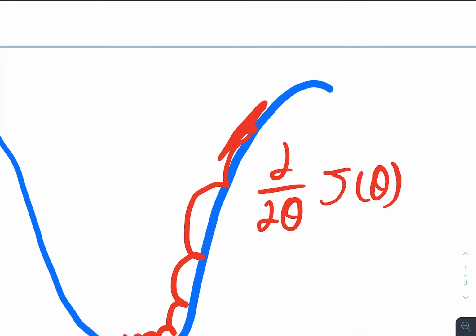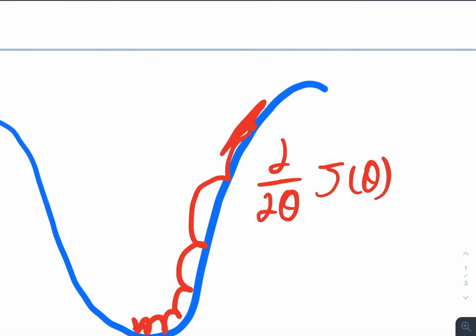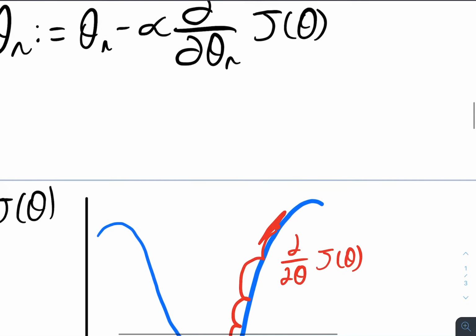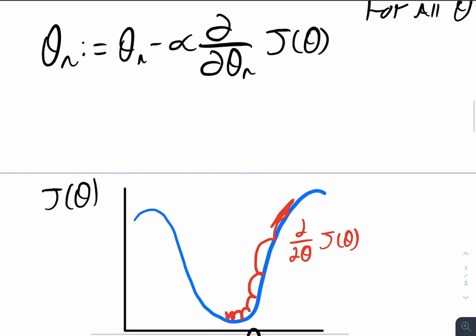So if we have some small difference in our x, we get this small difference in our y. That's our slope at this point. So we take theta and calculate its slope at this point. In this case, it actually has a positive slope. As you can see, it's sloping up.